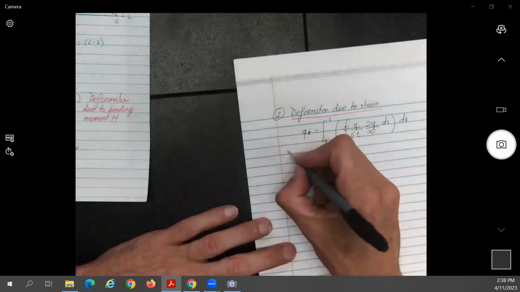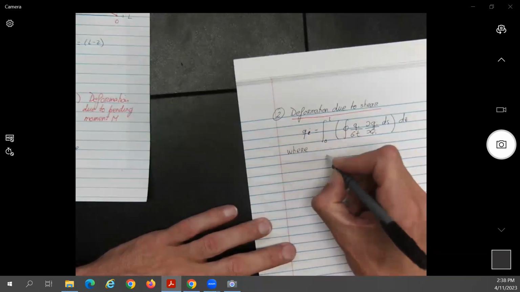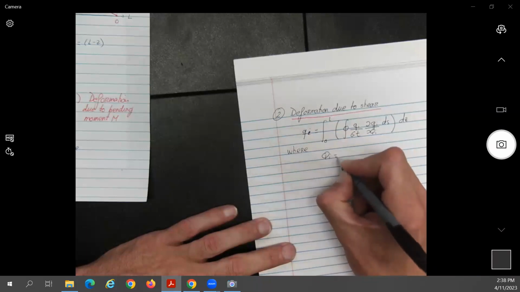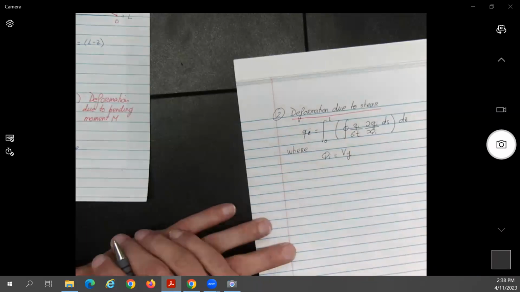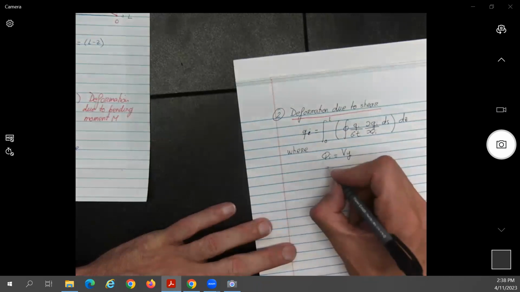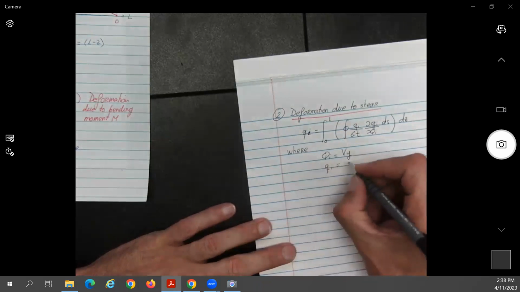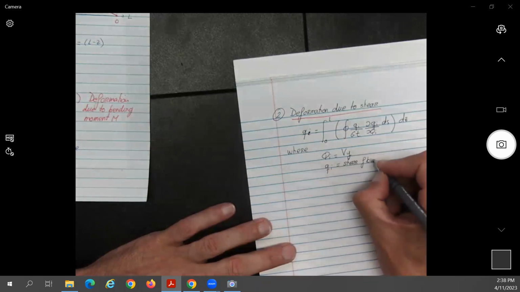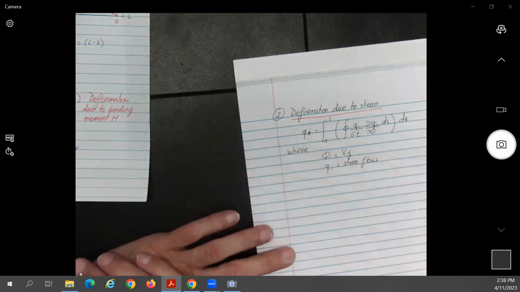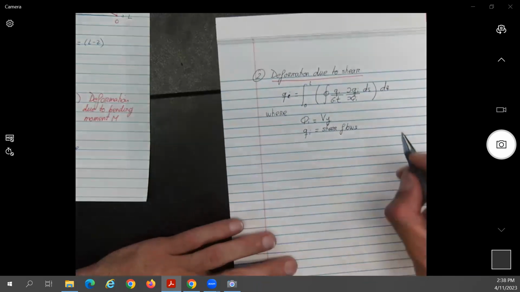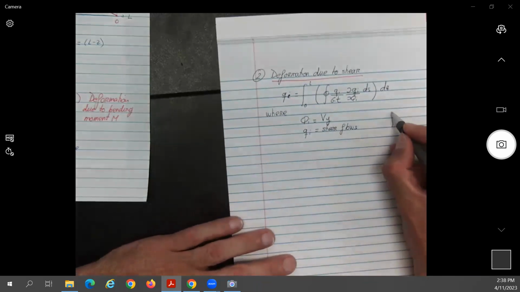Okay, where again we're going to do the same as before. We're going to take the relative force to be Vy, and what would be the Q_i? The shear flows. So which shear flows will be the Q's?